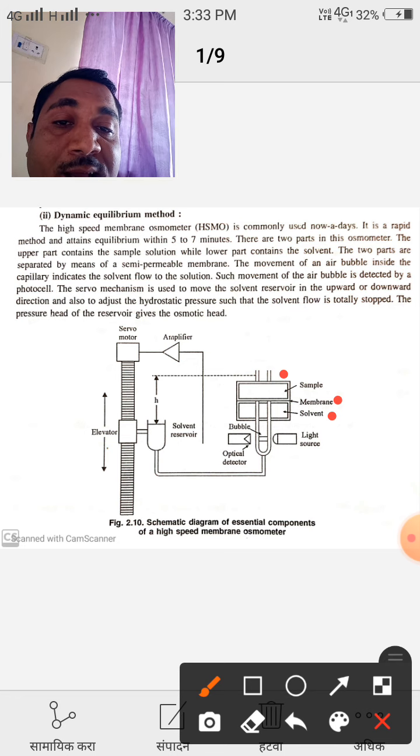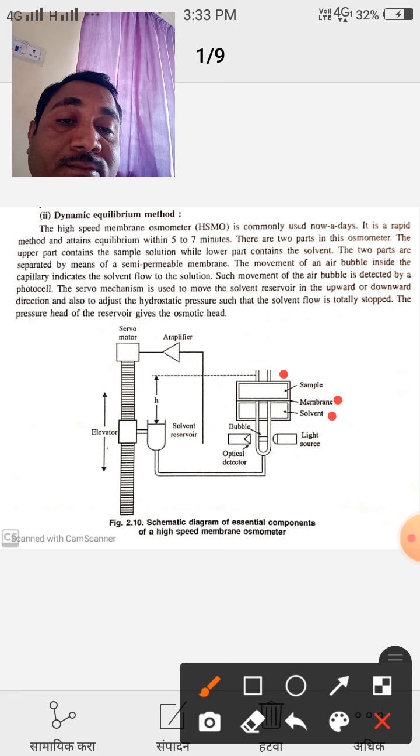The servo mechanism is used to move the solvent reservoir upward or downward, and also to adjust the hydrostatic pressure such that the solvent flow is totally stopped. The pressure head of the reservoir gives the osmotic head.